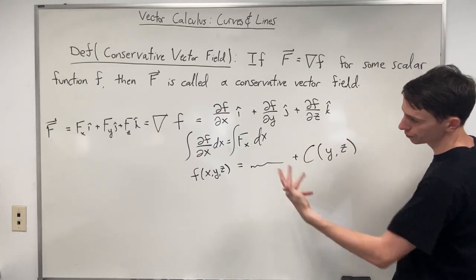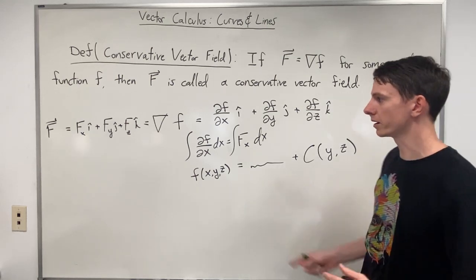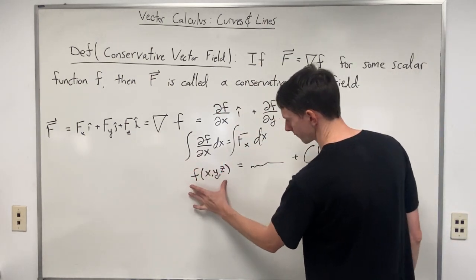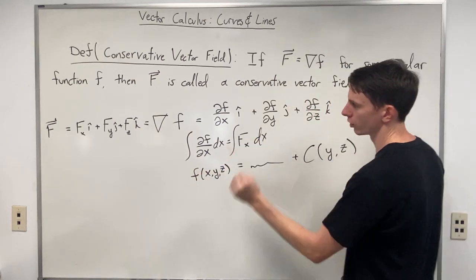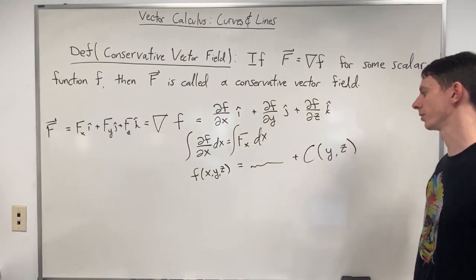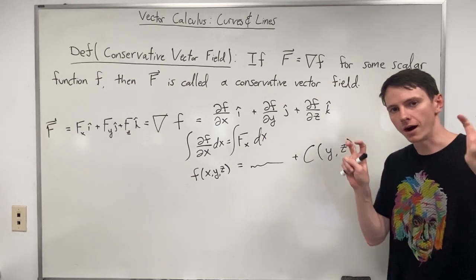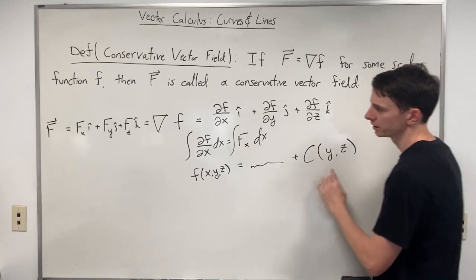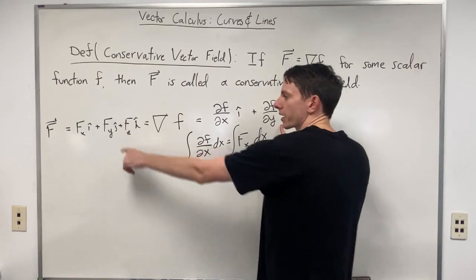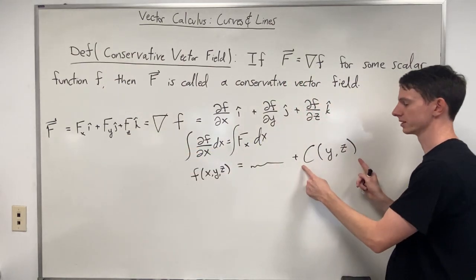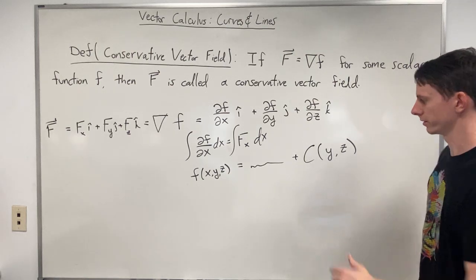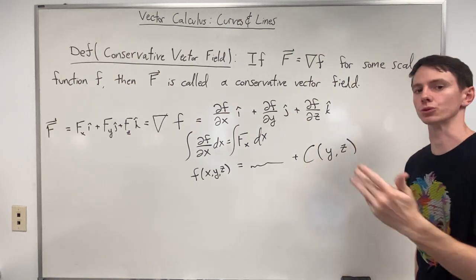So you could go through this process, and if you matched up each of these components, you would get an expression for f this way, and also for the y component and the z component, and you would have three different constants of integration. This one would be a function of y and z. Integrating the j hat component would give you a constant that is a function of x and z, and the same thing for the k hat component: the integration constant would be a function of x and y.